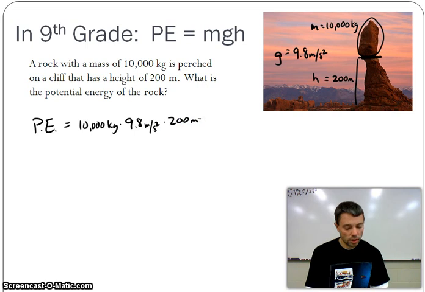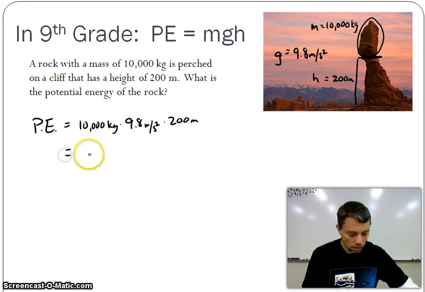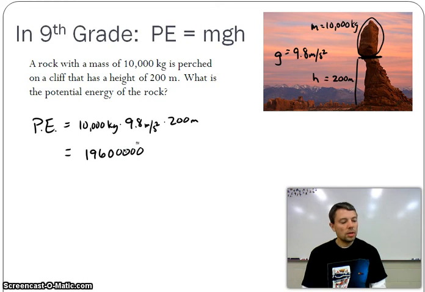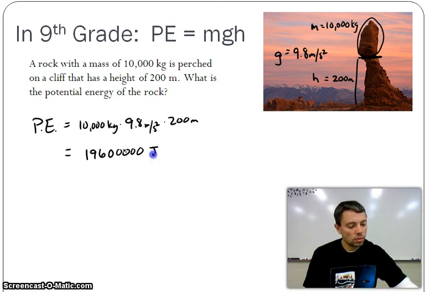So you grab your handy dandy calculator, and we have 10,000 times 9.8 times 200. We get an extremely large number of 1,960,000, and that would be in units of joules.